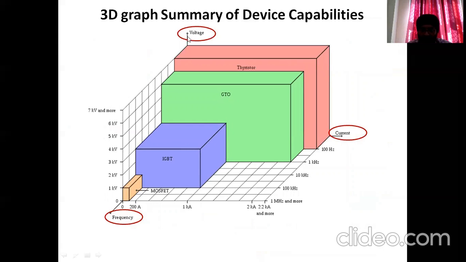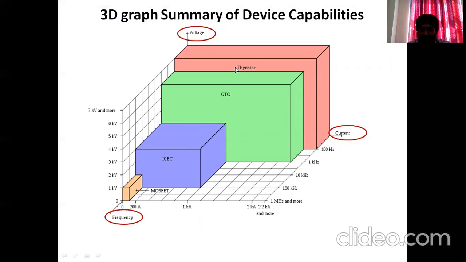So here we are just showing the figure in 3 dimensions: voltage, current, and frequency. MOSFETs over here have low current carrying capability, low voltage carrying capability, but the largest frequency of operation. As we move down the frequency of operation, we have IGBT. For even slower applications, we have GTOs, now IGCT.